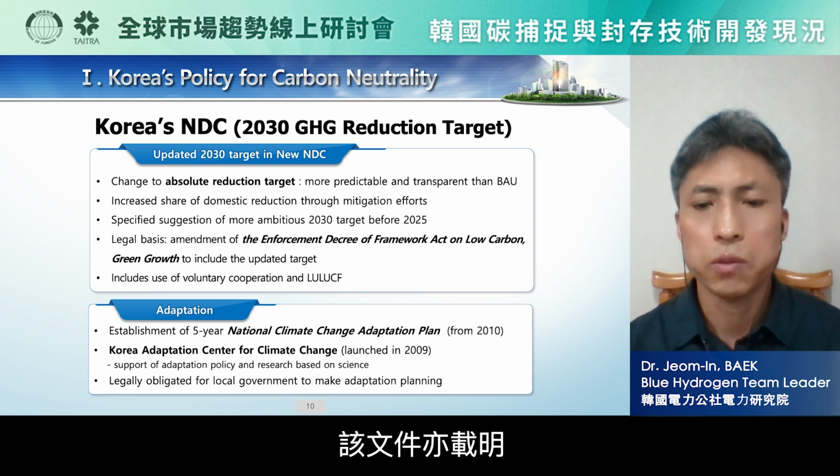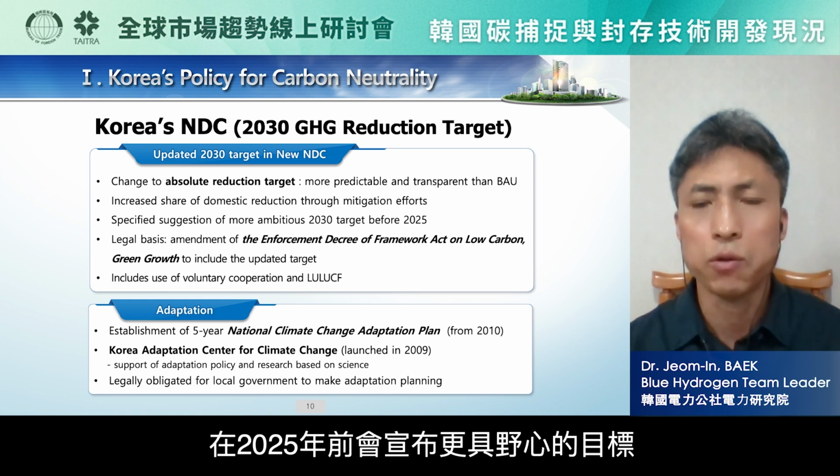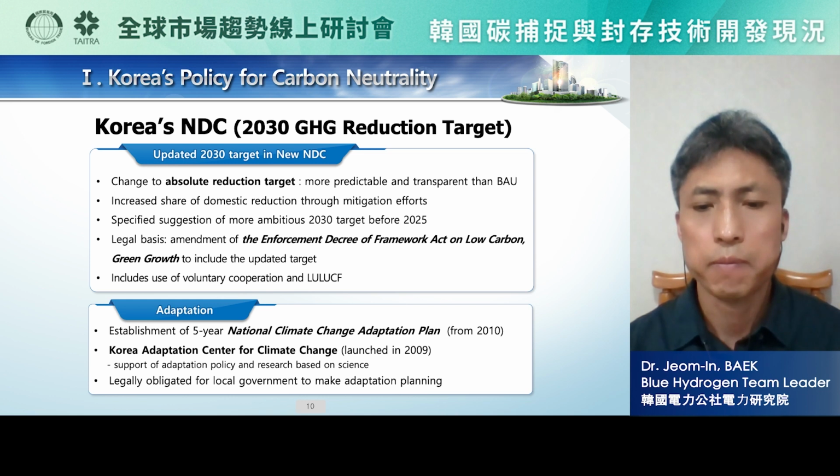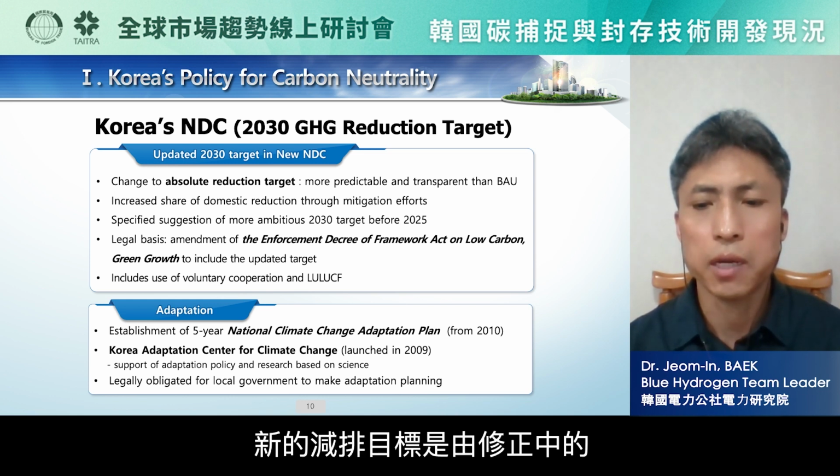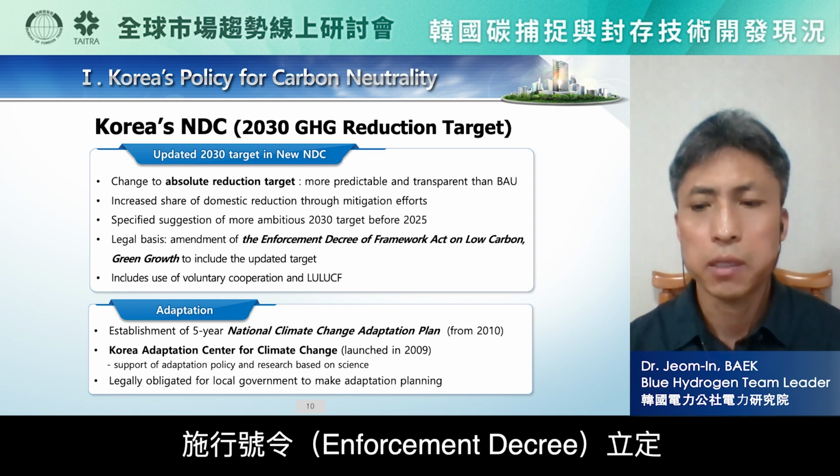It also specified that a more ambitious target will be announced before 2025. The new reduction target was legislated by amending the enforcement decree.